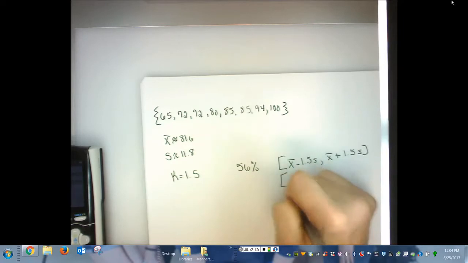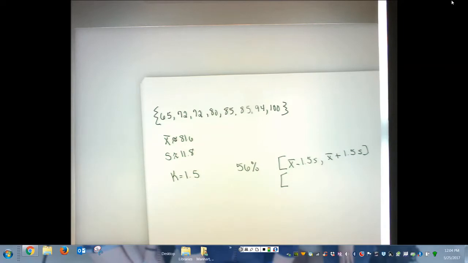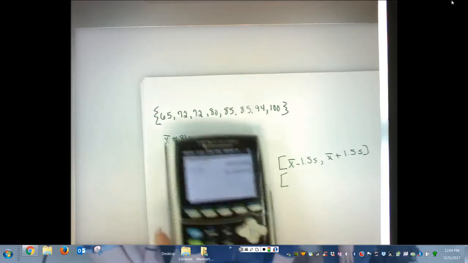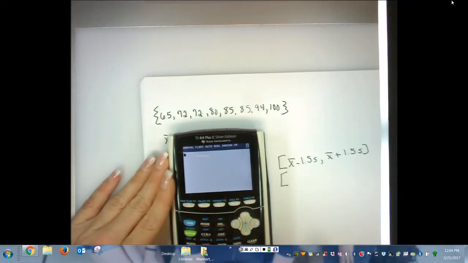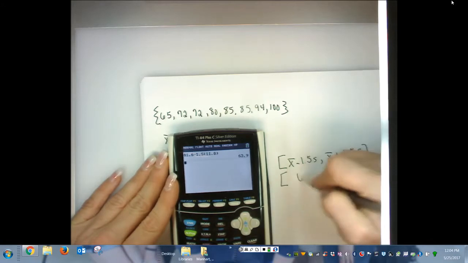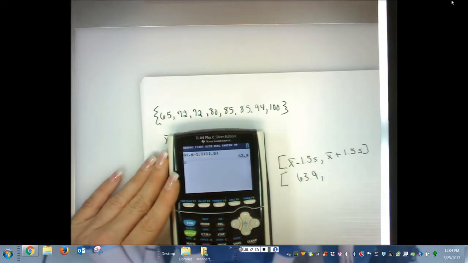And we found those numbers by plugging in 1.5 standard deviations below, 1.5 standard deviations above, and I'll do that here again. 81.6 minus 1.5 times 11.8 is the 63.9, and then 81.6 plus 1.5 times 11.8 is the 99.3.